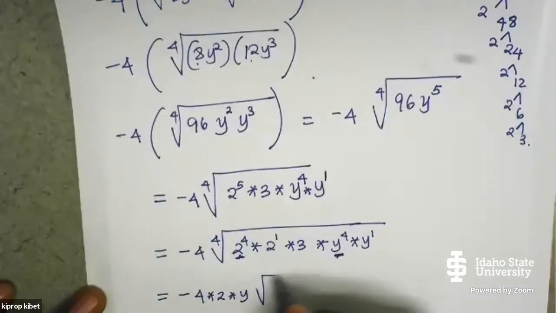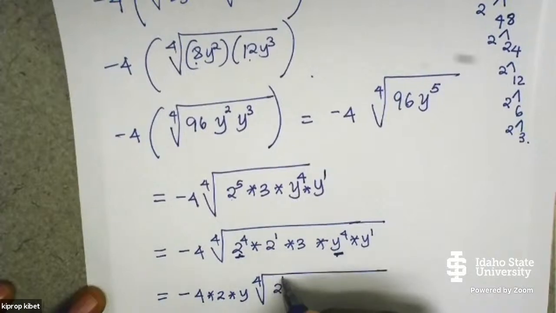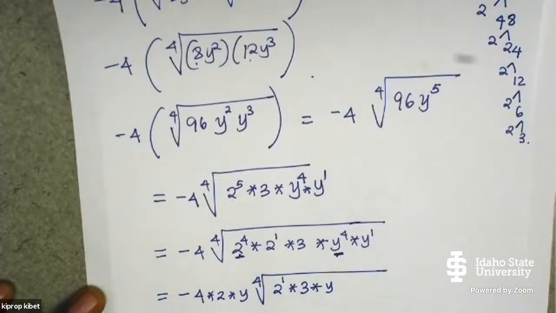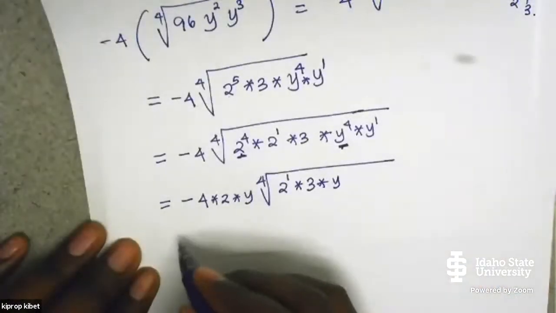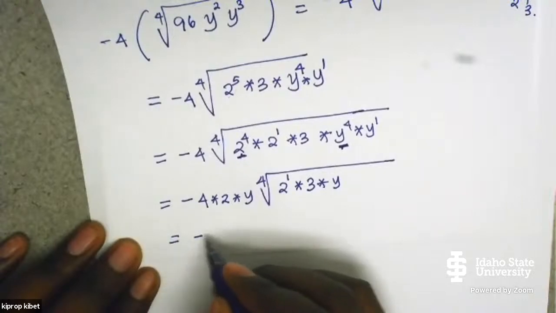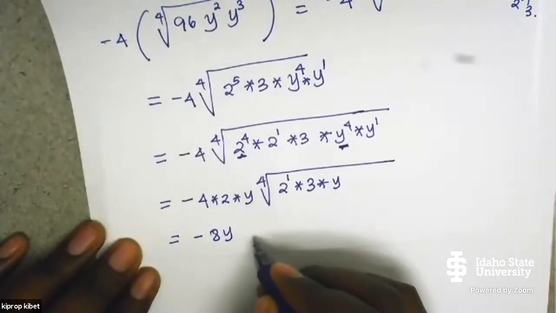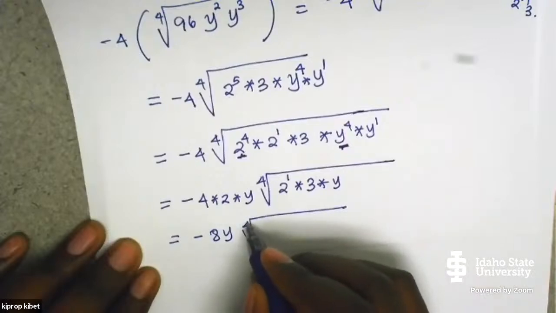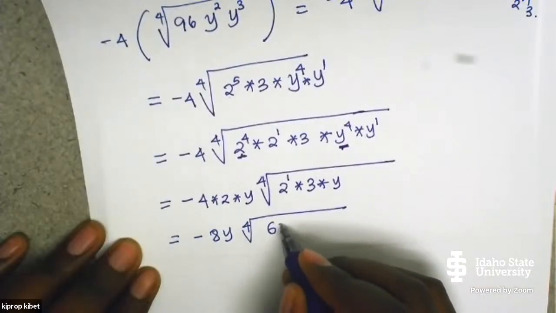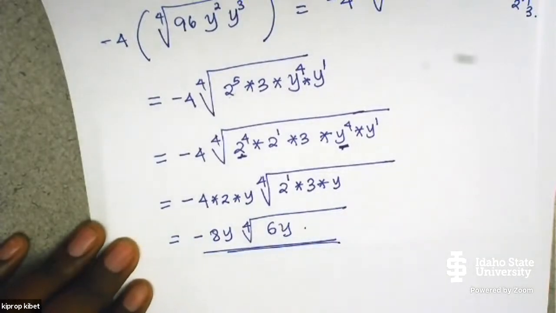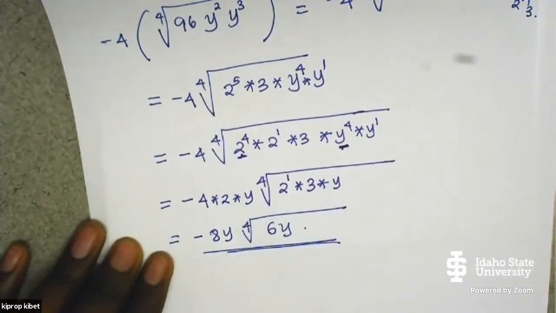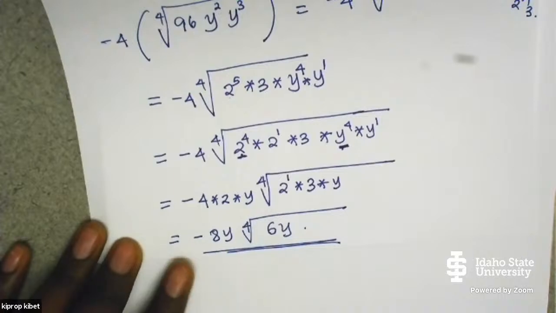And then what remains inside is 2 raised to 1 multiplied by 3 multiplied by y. And finally, this is giving us minus 8y, the fourth root of 6y. Any question on that?